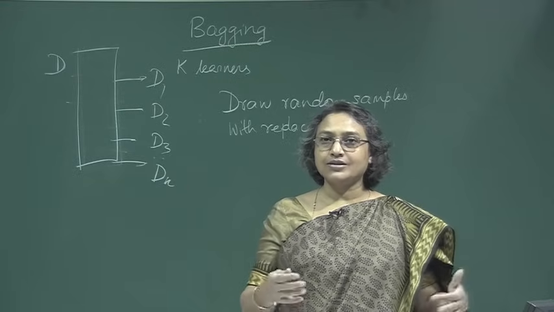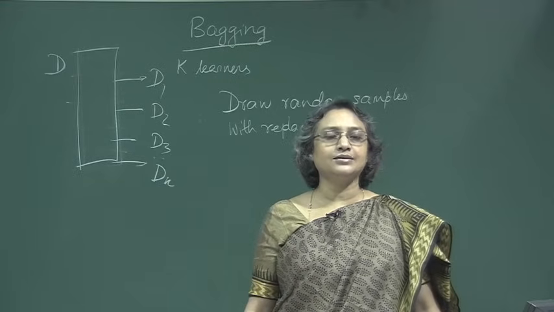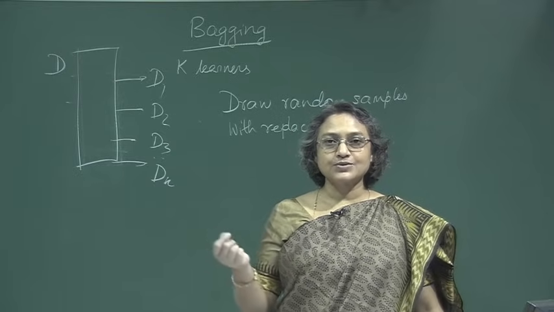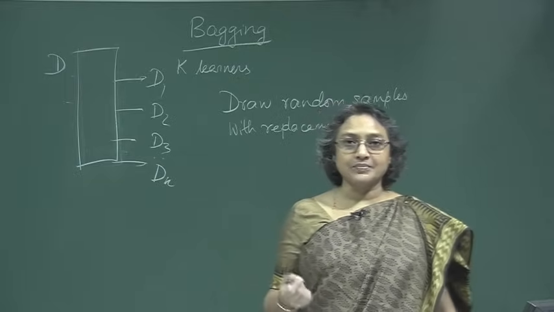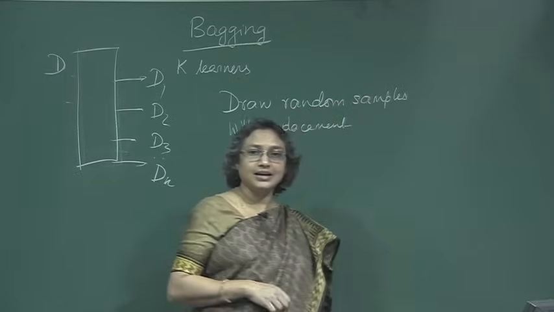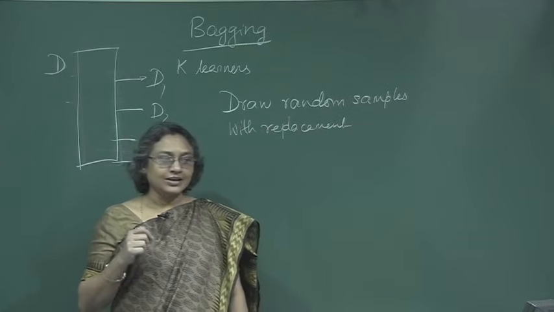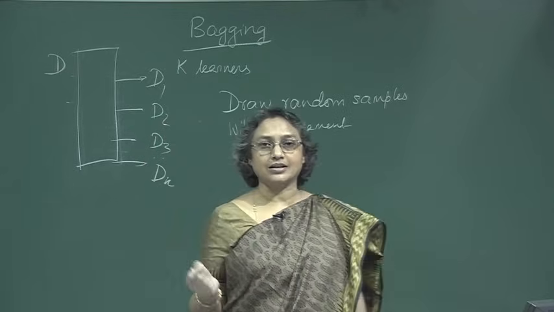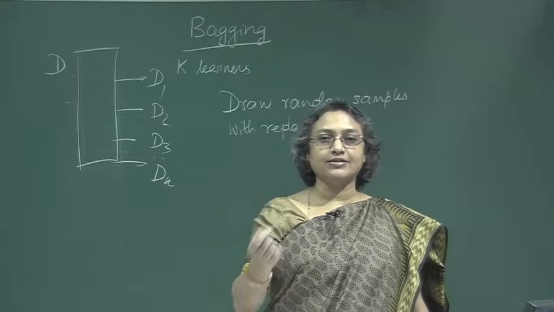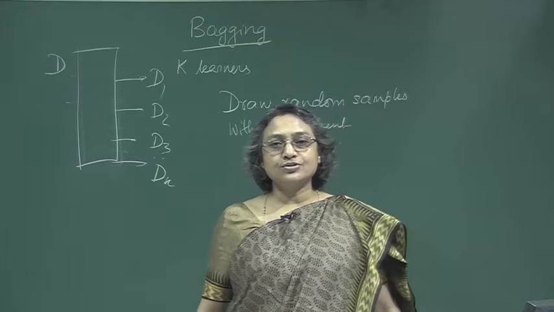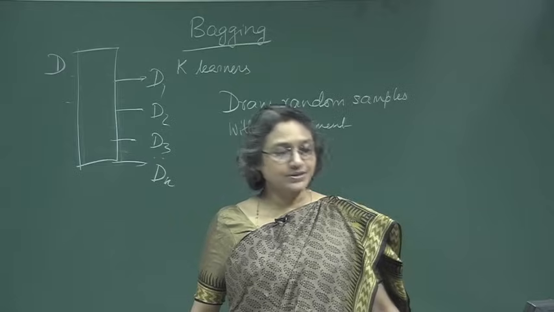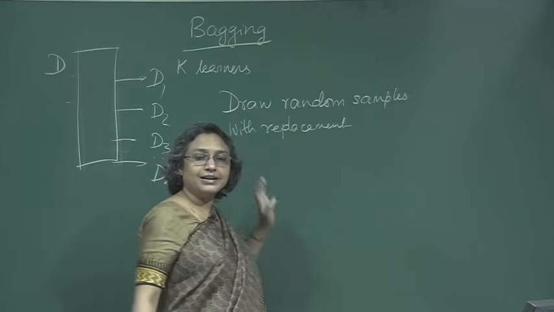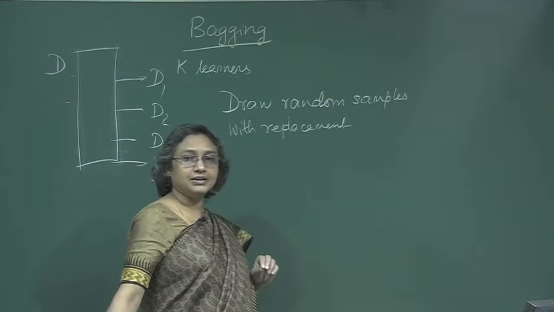Stable learners, irrespective of what data you get, will give a similar output, that is, they have low variance. Learners with high variance are unstable. Among the algorithms that we have studied, decision tree and neural network are unstable algorithms. Given different data, they may give different models, whereas an algorithm like k nearest neighbor is more stable. So, when we want to use ensembles, specifically bagging, we wish to use an unstable learner.